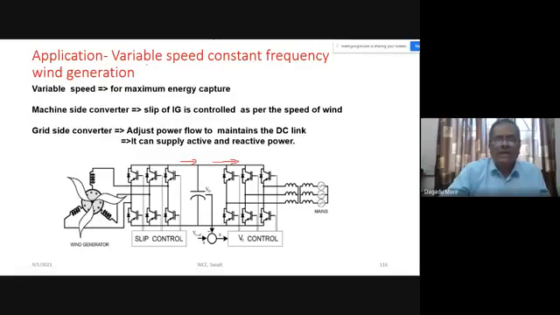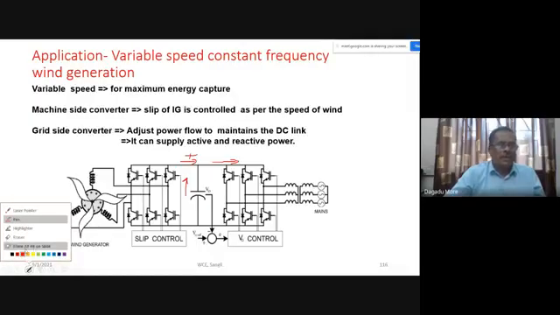If the power coming from the induction generator is more, and the power going to the grid is slightly less, then the difference of power will be accumulated across the capacitor, and the capacitor voltage will increase. So whenever the power coming from the wind turbine is higher compared to the power going to the grid, the capacitor voltage will increase.